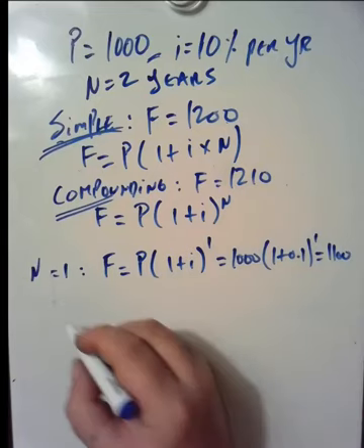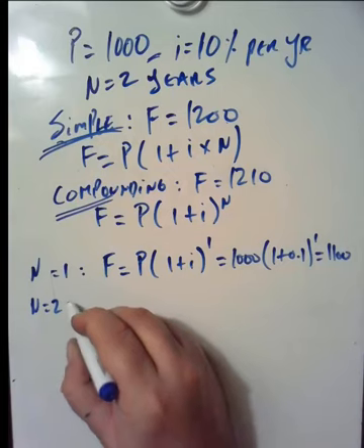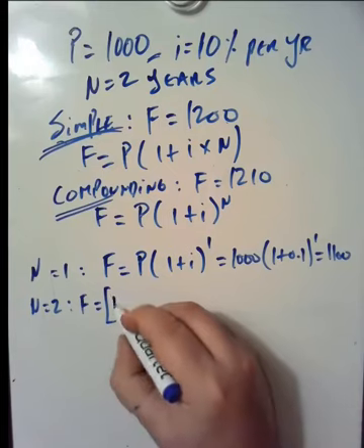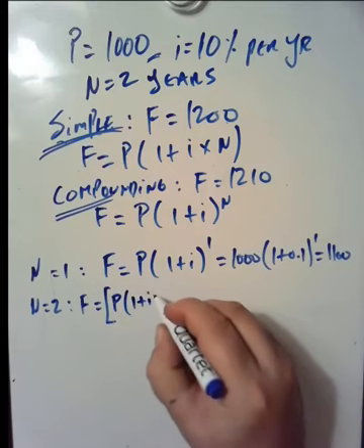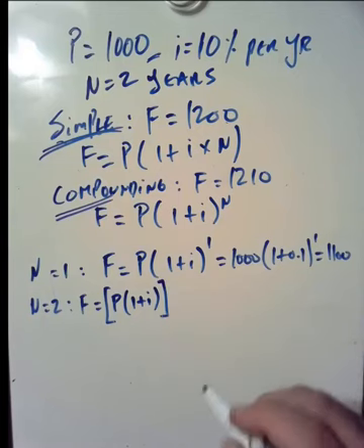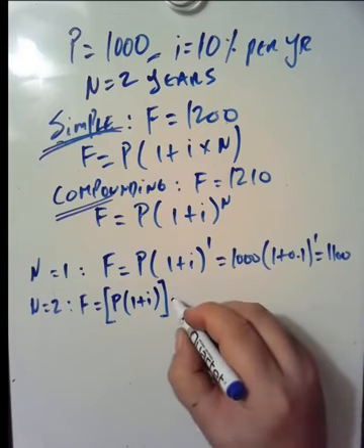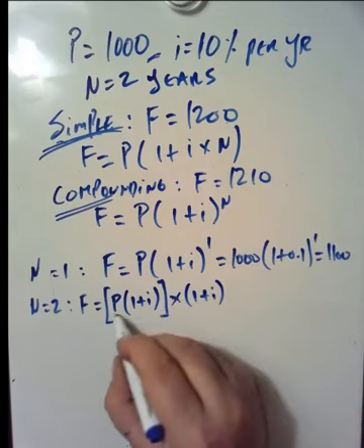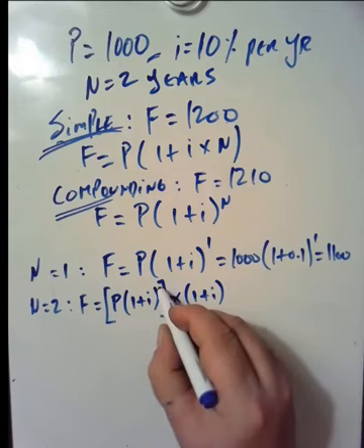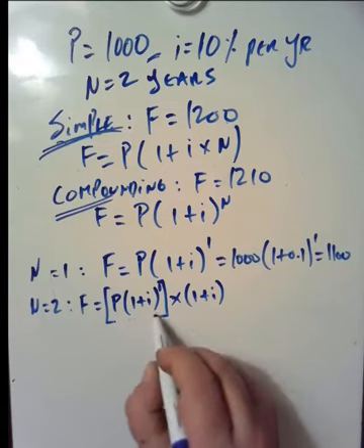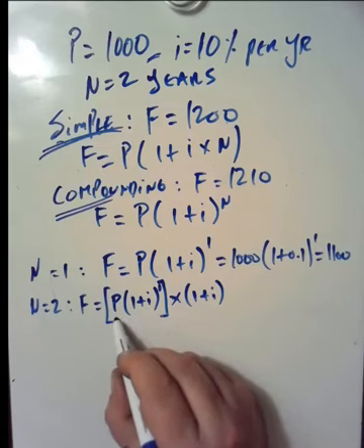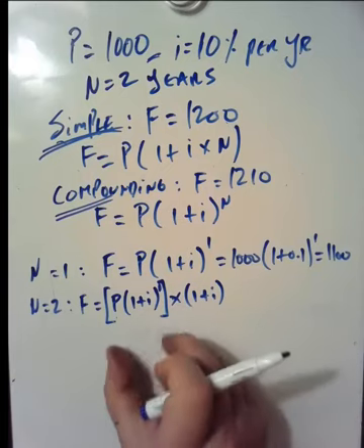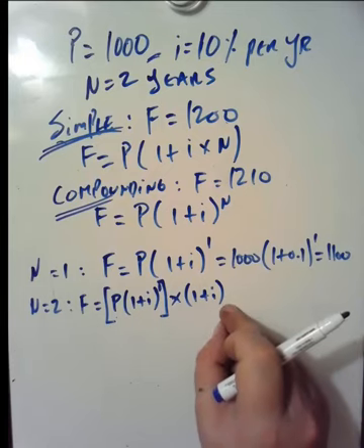Well, when n is equal to 2, the future value is equal to how much money we had in the previous period, and this money is going to earn interest again. So the amount we have at the beginning of the second year is equal to 1 year of interest compounding on top of the amount we invested, and then this amount earns interest again, plus more 10%.